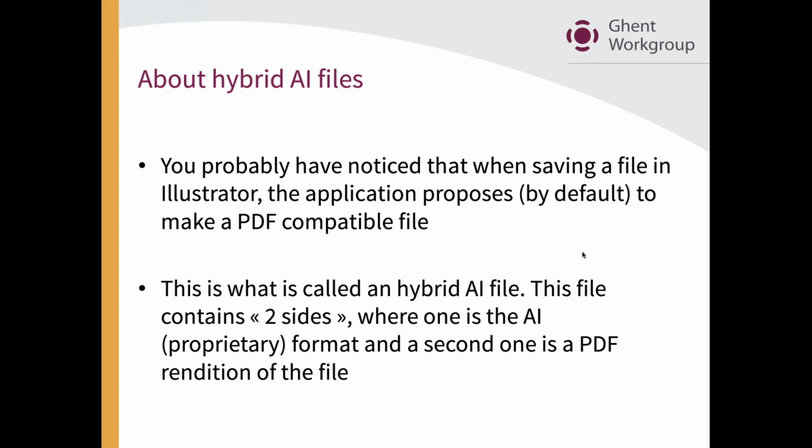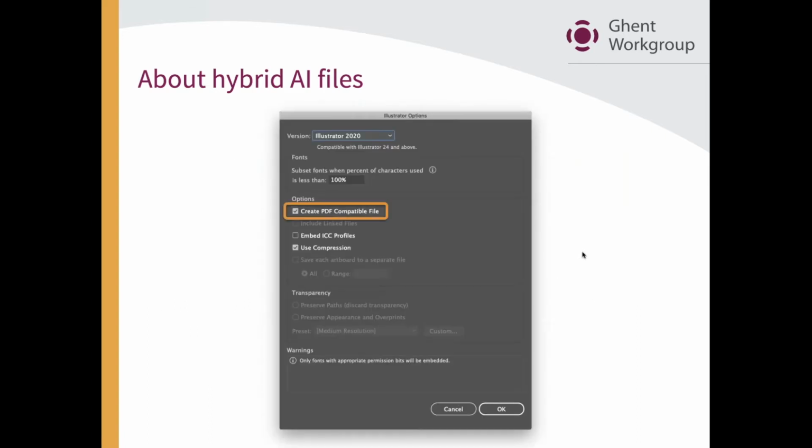So you have the AI proprietary format and that PDF rendition in the same file. So this is where you actually save an Illustrator file. This is where you have that create PDF compatible file to create that second layer.